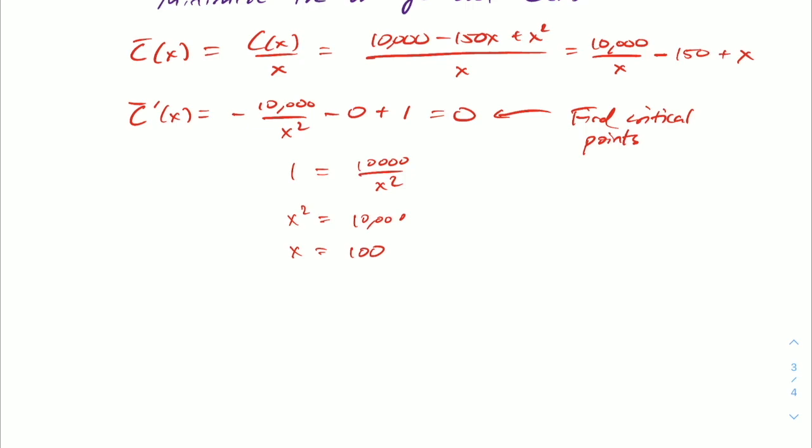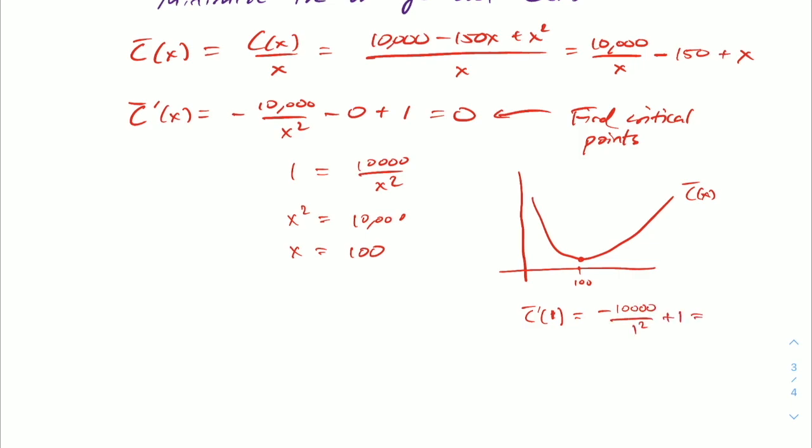Now we can tell this is a min a few ways. If we drew the graph of this function, we'd see that it has a min at 100. You could also use the first derivative test, so you could look at C bar prime at some value over here, let's say 1. That's going to be negative 10,000 over 1 squared plus 1, which is definitely a negative number.